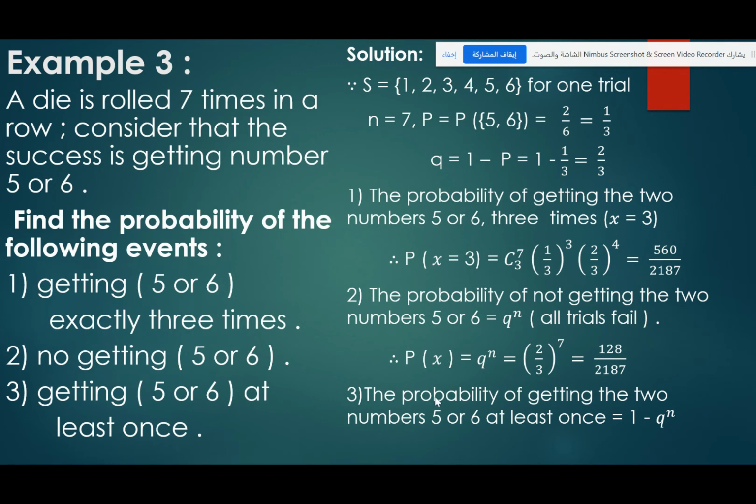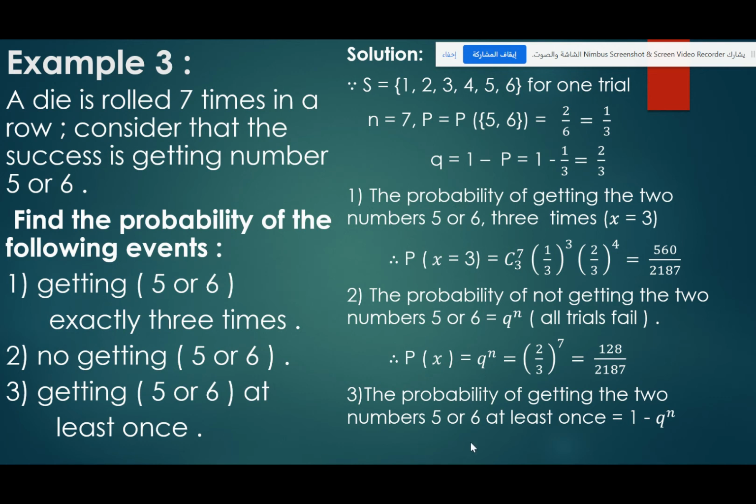And in number 3, the probability of getting the two numbers 5 or 6 at least once. For at least, we also have a rule. We said it can be written as 1 minus q to the power of n. It's now a rule. Always we have to use it when we say at least once. We calculate it here, so subtract it from 1 to get the following.